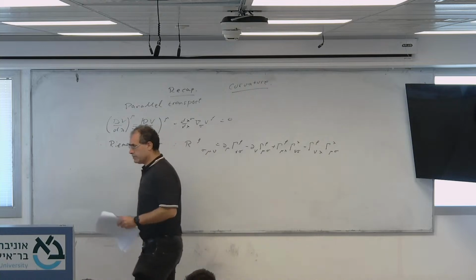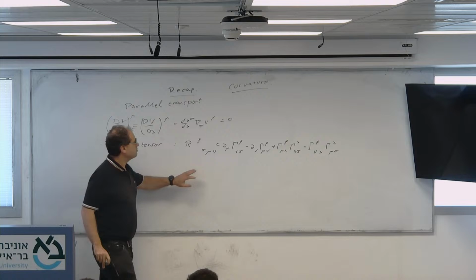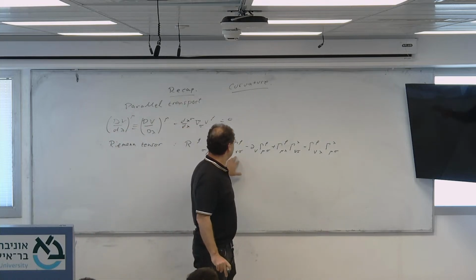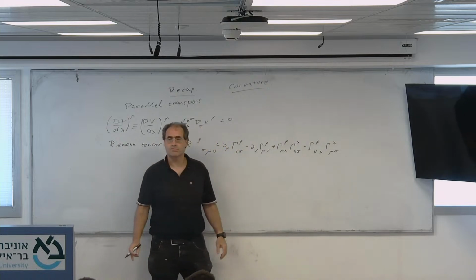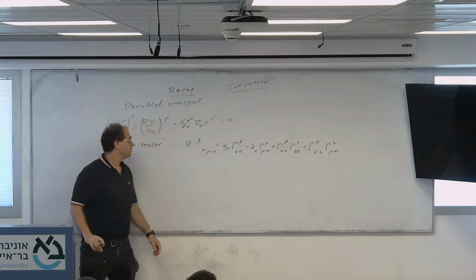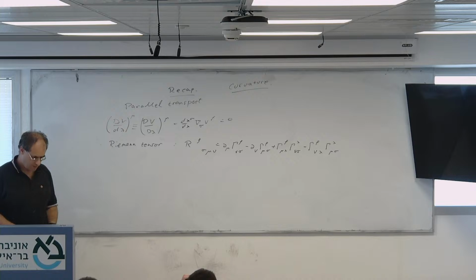There is a great conspiracy here, as I'm sure you've noticed, because Gamma, as we say, is not a tensor. So none of the terms on the right-hand side is a tensor, but when you combine them together like that, it is a tensor. It's a 1-3 tensor, which tells us about the curvature of space.